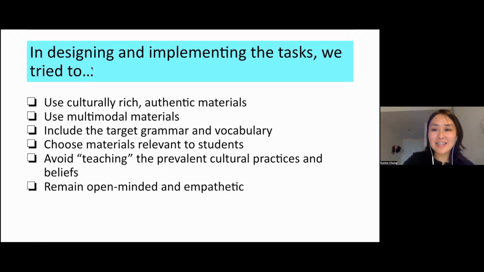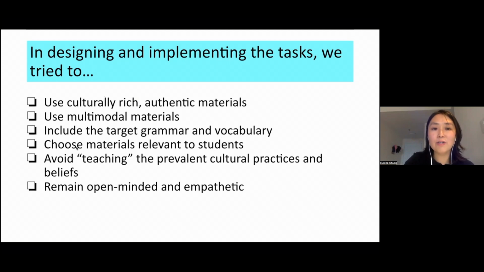So in designing and implementing the task, we try to use culturally rich, authentic materials. So a lot of authentic materials that cover the cultural topic. And second, we use multimodal materials since it's in the multiliteracies framework. And then third, we try to include the target grammar and vocabulary in implementing the task.